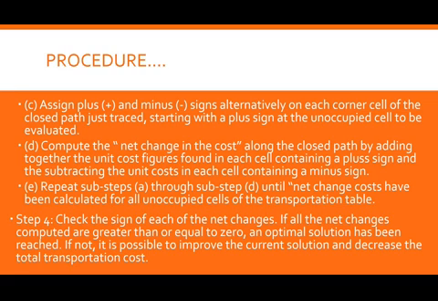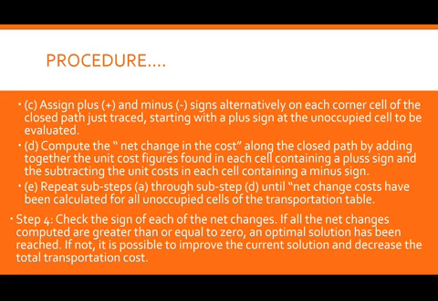So now repeat the substeps A to D until net change costs have been calculated for all unoccupied cells in the transportation table. Like you calculated Eij for all unoccupied cells, you are supposed to calculate the net change cost for all unoccupied cells in the stepping stone method.